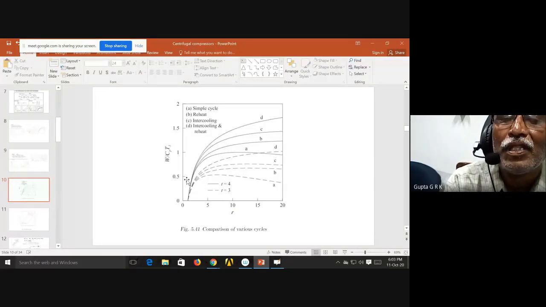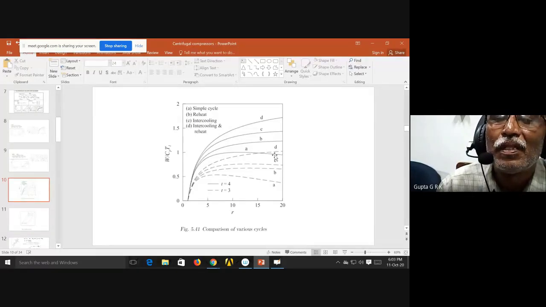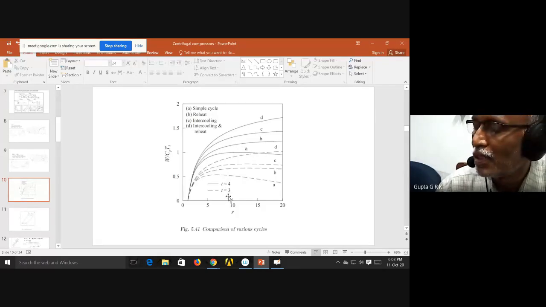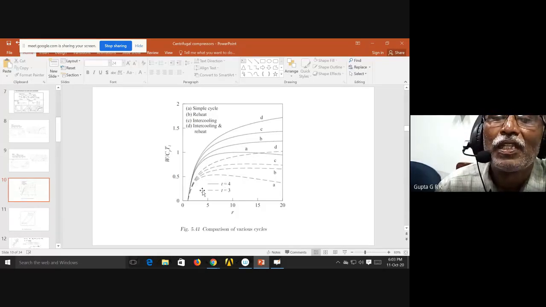And if you see the efficiencies, the simple cycle efficiency, this one, and with intercooling there will be a decrease in the efficiency. But for T equal to 4 and T equal to 3, it is drawn. For T equal to 3, it goes like this. For T equal to 4, it goes up.